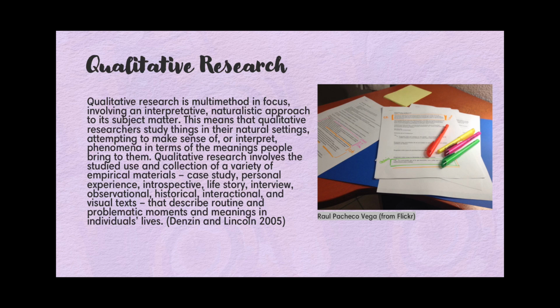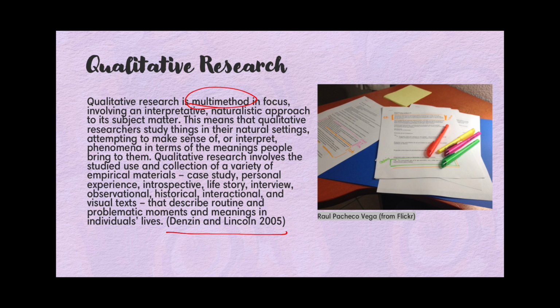Another more detailed definition of qualitative research is from Denzin and Lincoln, and they said that it's multi-method in focus, meaning it can invoke different methods such as interviews, looking at pre-available texts, focus group discussions, and of course, as we are discussing in this course, visual methods, photography, filming, or looking at material culture.